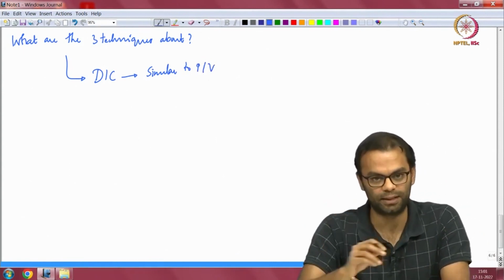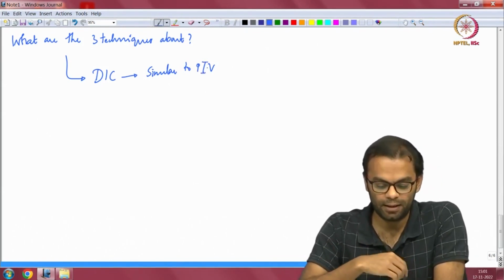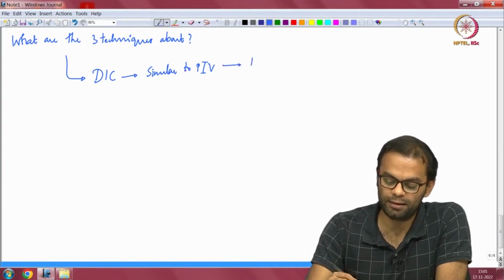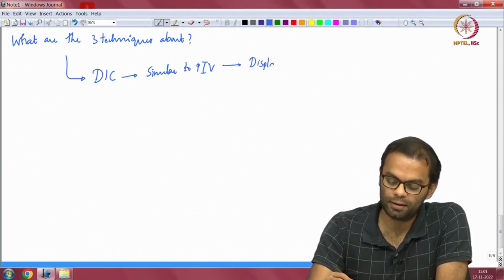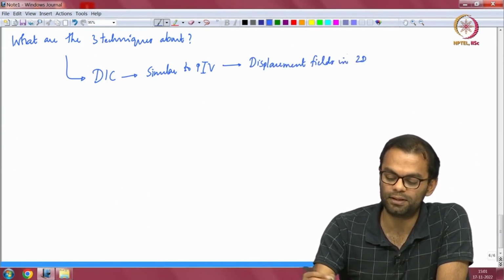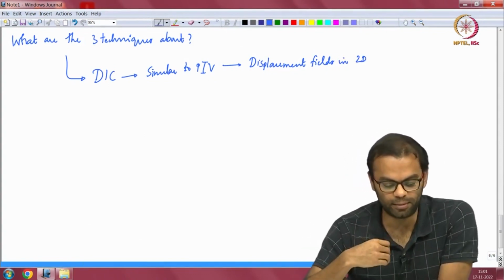There are some differences, we will start discussing that today, but it is really our segue into determining displacement fields in 2D. So 2D displacement fields in a solid, we will use this method called DIC to determine.